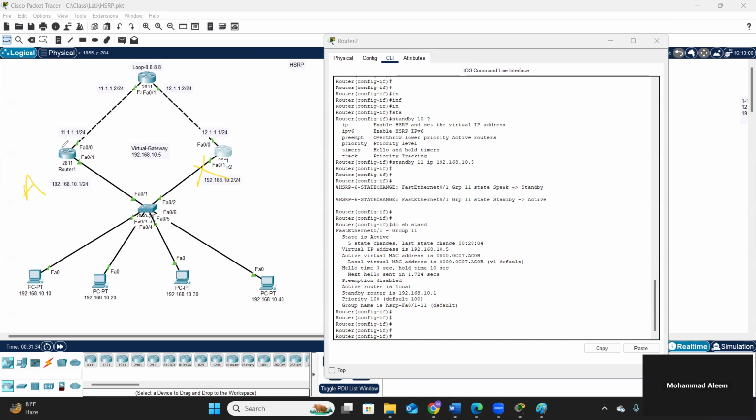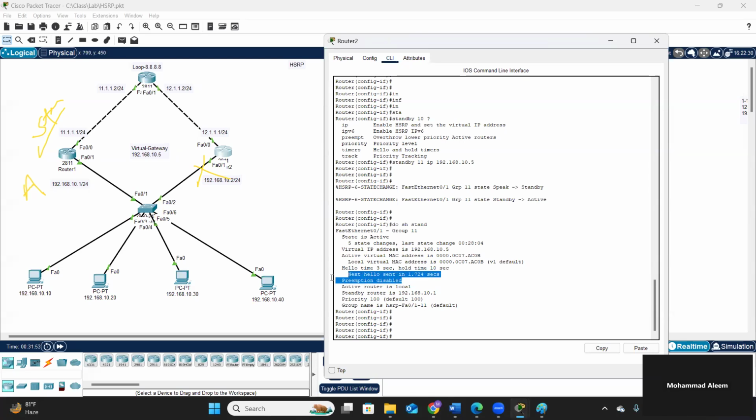No, this router's state is standby. For that, we have to know we have an option, preemption, which is disabled by default. What happens whenever the LAN interfaces are down?